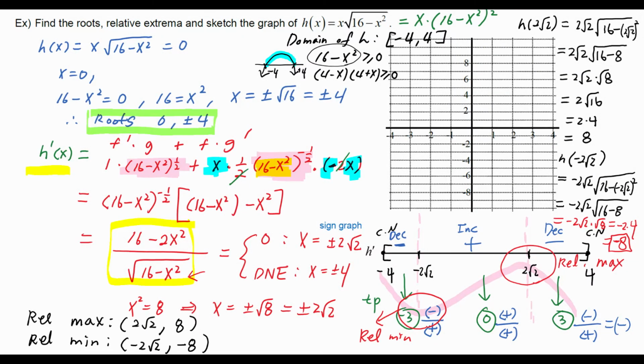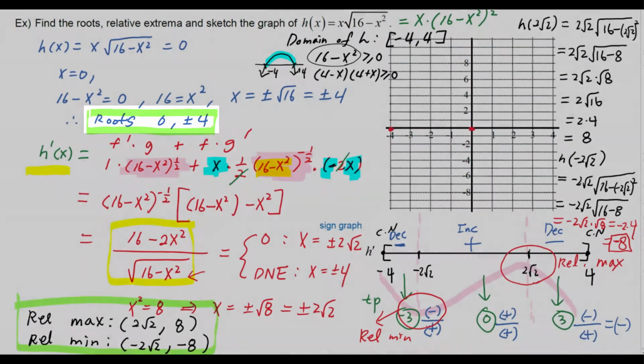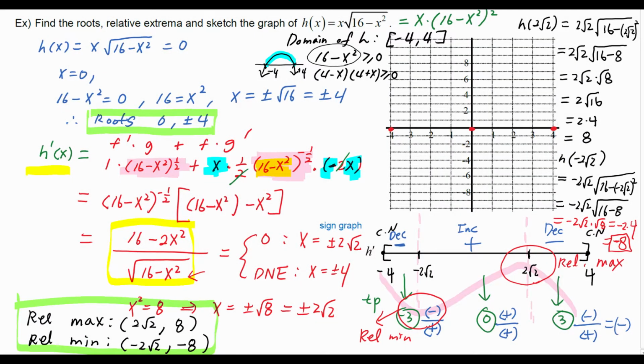All right, I found everything I need to graph this, so let's graph it. What are my roots? My roots are 0, negative 4, and positive 4, and negative 4 is the starting point, and positive 4 is the end point of my graph. I have a relative minimum at negative 2 radical 2 comma negative 8, and I have a relative maximum at 2 radical 2 comma 8.